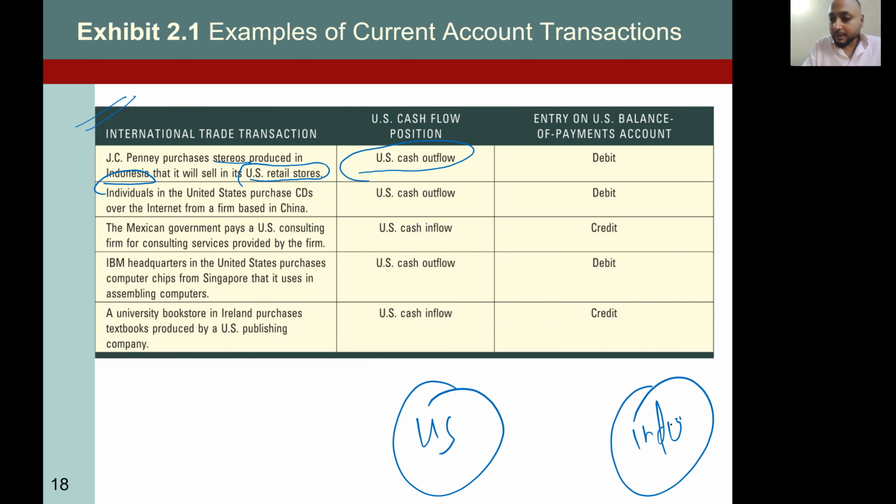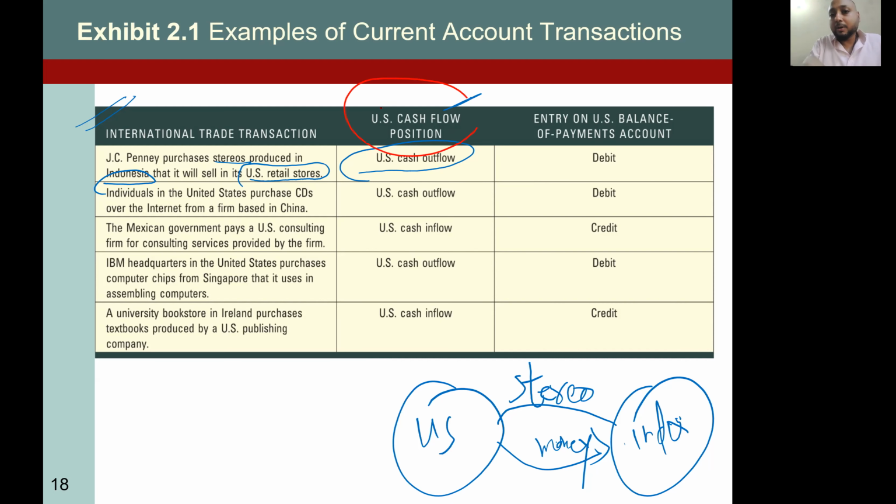This is Indonesia. So they will sell you stereo and you will give them money. So in this case, right now, we are just talking about the cash flow positions.